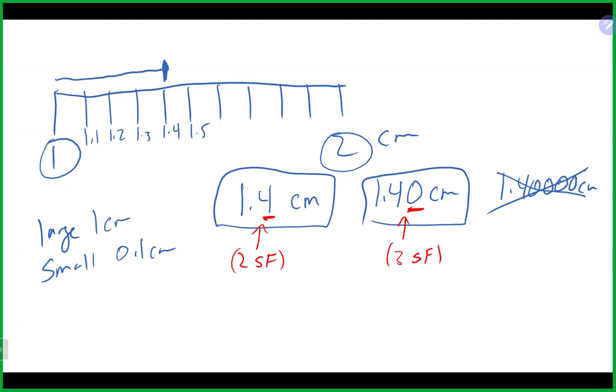So when we look at both of these measurements and try to see which one is perhaps the right one, with the first one we're saying, I think it's 1.4 centimeters, but maybe it's 1.5 centimeters, or maybe it's 1.3 centimeters, plus or minus 1 of that uncertain number, right?